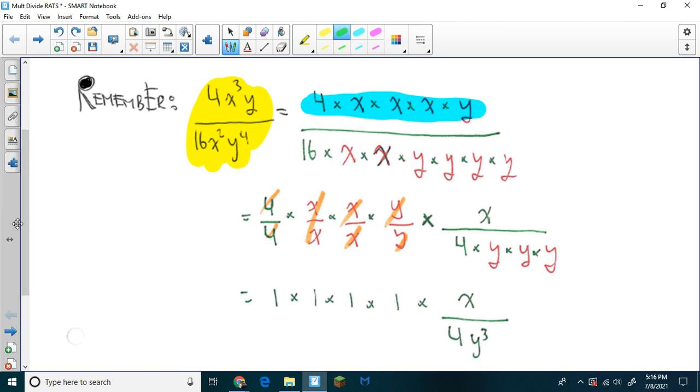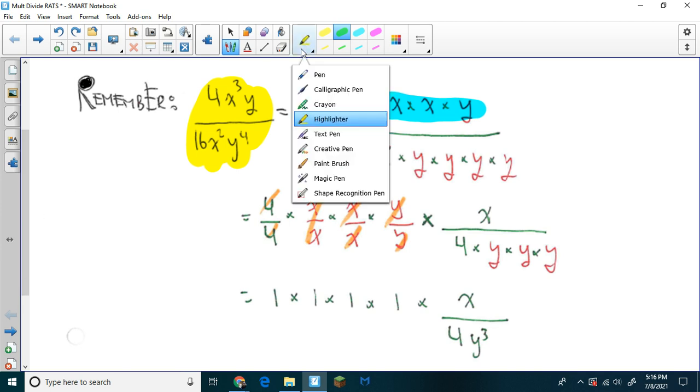So I only cancel when I have the same factors in the tops and the bottoms, which means that the whole expression needs to be factored. Then I look for the common factors that I can cancel from the tops and the bottoms. Some students like to just cancel before they factor, which is not really cool.